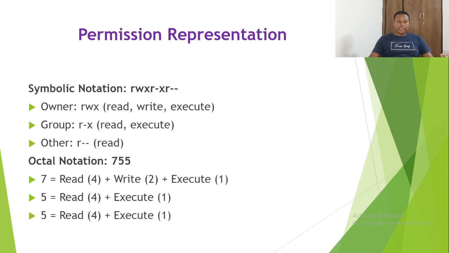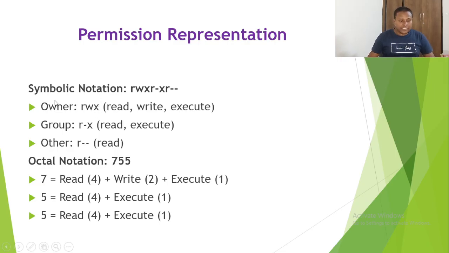Okay. Now to make it simple, there is an octal notation available. We denote read as some value, write as some value, and execute as some value. So what are those values? Read means the value is 4, write means the value is 2, and execute means the value is 1.